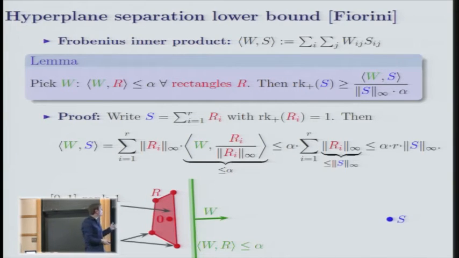And that means that whatever linear inequality I satisfy for all rectangles also holds for all rank 1 matrices where the entries are between 0 and 1. And now you can just imagine that instead of having the sum of arbitrary rank 1 matrices, you scale them a little bit so that they fall into this. And then you get the claim. This is just a one-line calculation.